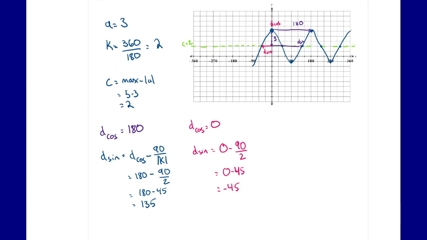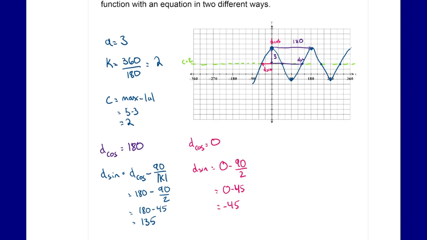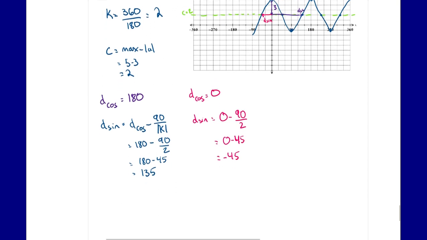ways we could transform our sine and cosine function to fit this periodic graph because of the periodic behavior. So I'll write out all four, and they all would give us the same graph.